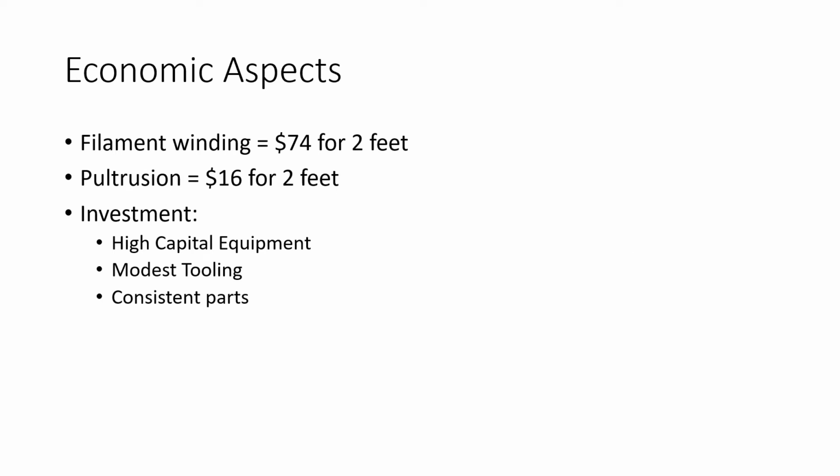Filament winding materials and pultrusion process materials have very different costs. Filament winding can cost $74 for 2 feet of material, while the pultrusion process can use materials at $16 for 2 feet. However, both processes require a very high capital investment.